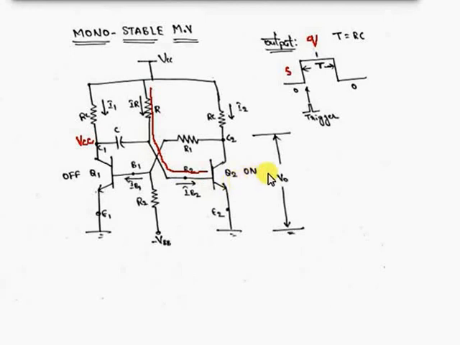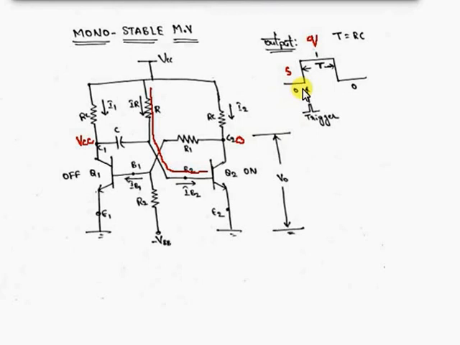Since the transistor is on, the voltage across the collector is 0. Now this state is a stable state, that means a permanent state.